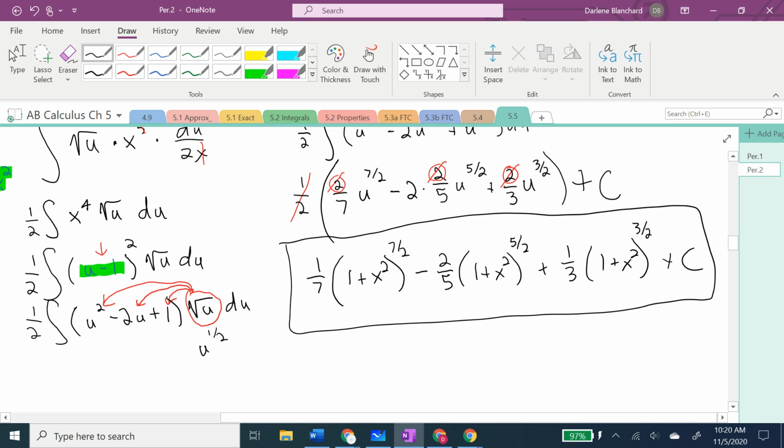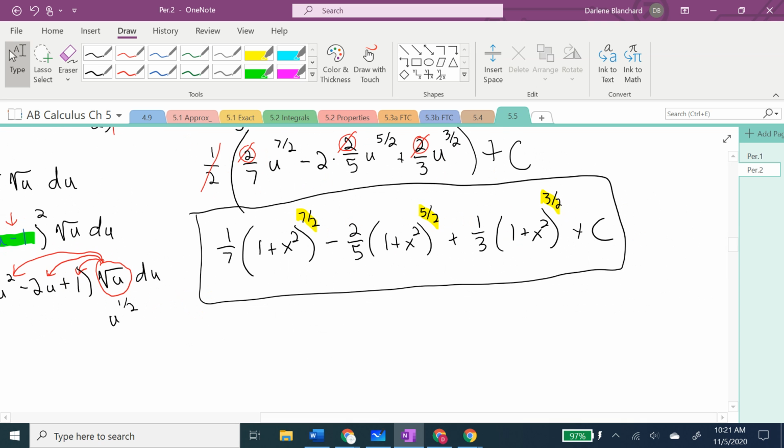I do want to let you know that sometimes this is simplified in the following way. If you look at the fact that each term has a 1 plus x squared to a power, you can factor that out if you take the smallest numerical power and have that be what you pull out.